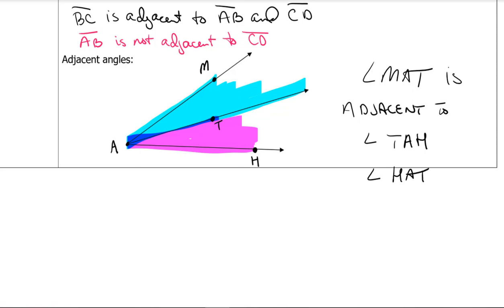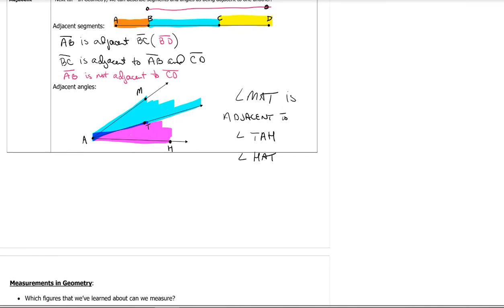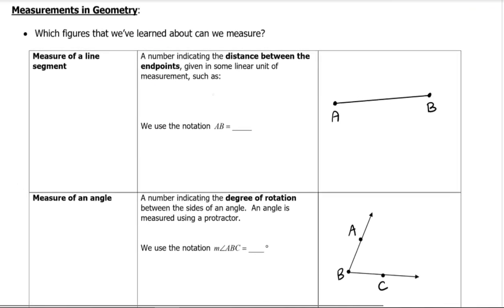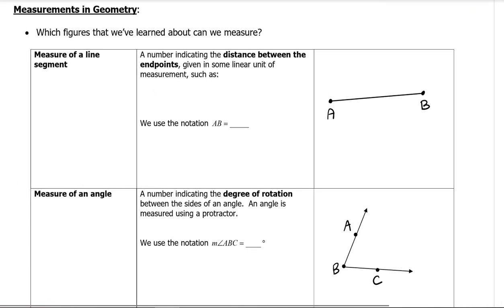Good job. All right, we've got one other thing to do here, and that's when we talk about measurements in geometry. When we measure figures, we're going to talk about the unit, the distance between endpoints, such as some linear unit. Sometimes we'll have centimeters, which you can abbreviate cm, or inches in the standard system, or millimeters, yards, miles, or kilometers.